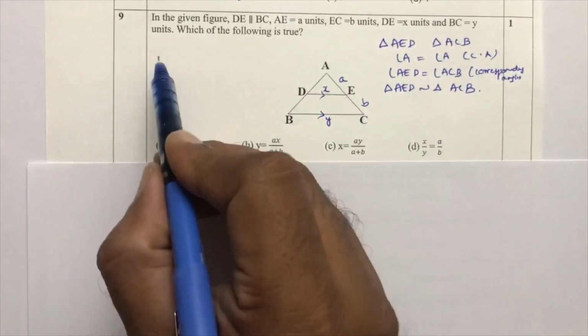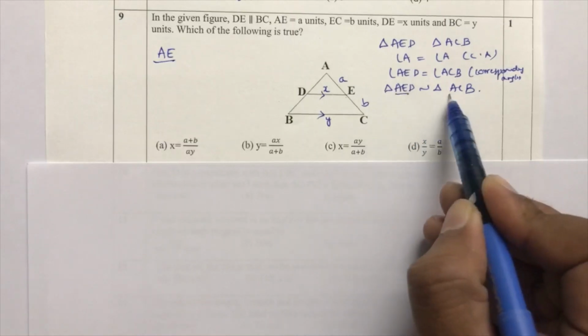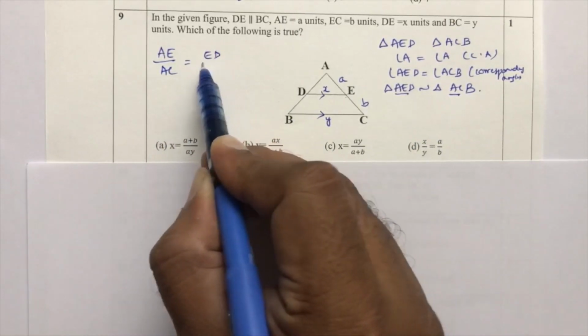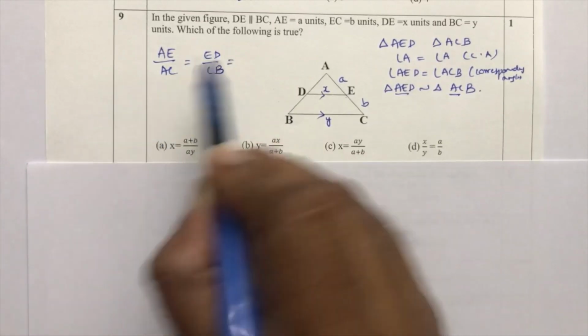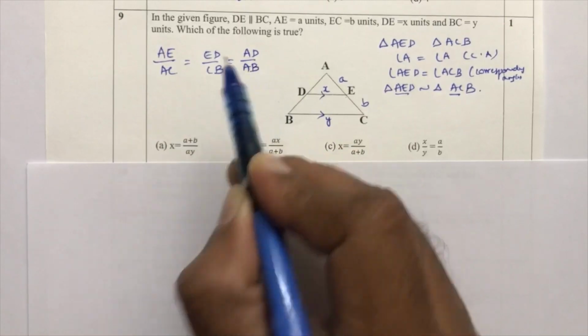Now if I write the sides proportional: AE by AC, ED by CB, AD by AB.